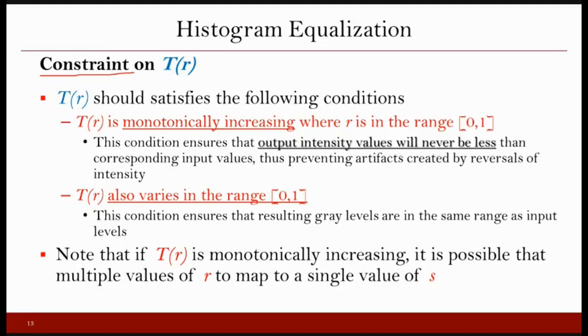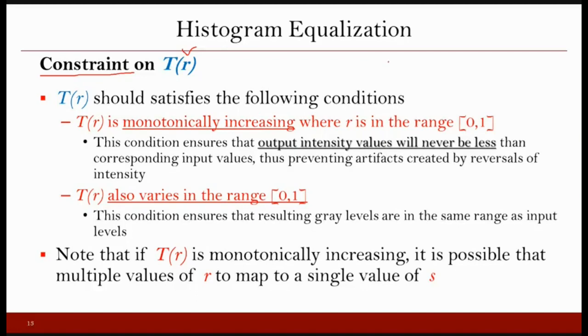Because of this transformation, the overall appearance or the overall information that we were getting from the image should not change. So to maintain that, there are some constraints that this T(R) needs to fulfill. The first requirement is that this T(R) function should be a monotonically increasing function.